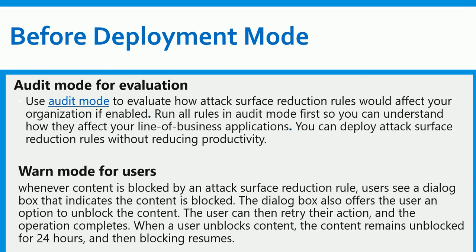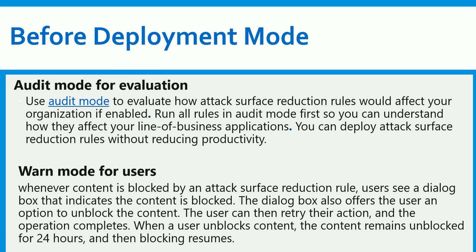Run all the rules in the audit mode first, so you can understand how they affect your line of business applications. So you can deploy the ASR rule without reducing productivity. This is the best recommendation if you're planning to implement ASR rules in your infra.